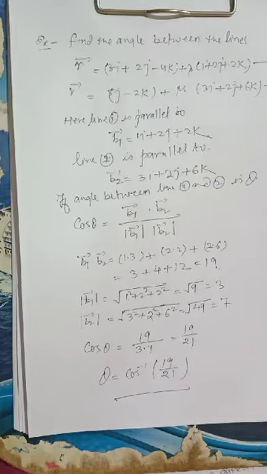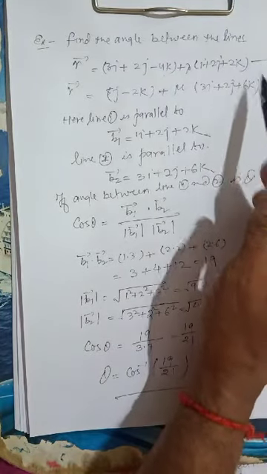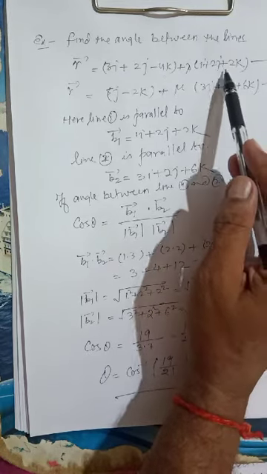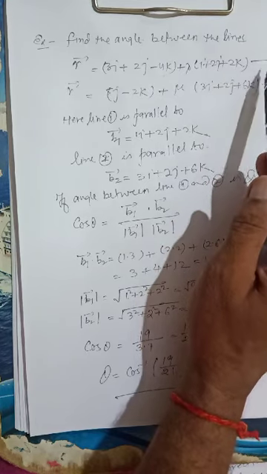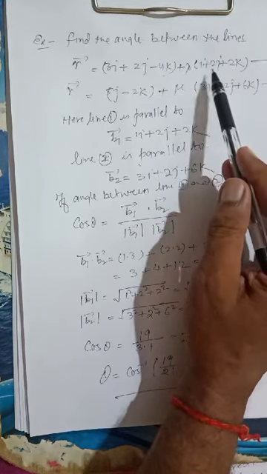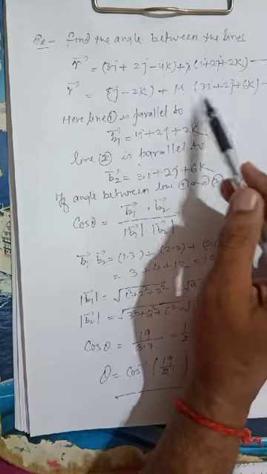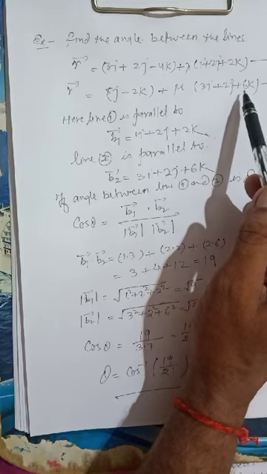So when the vector equations of two lines are given, first of all you find b1 vector and b2 vector. Line 1 is parallel to b1 vector. The coefficient of lambda here is b1 vector, and the coefficient of mu is b2 vector, because line 2 is also parallel to 3i plus 2j plus 6k.